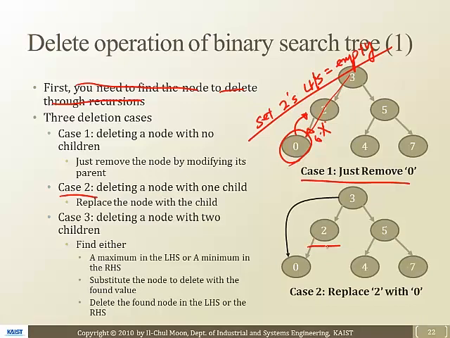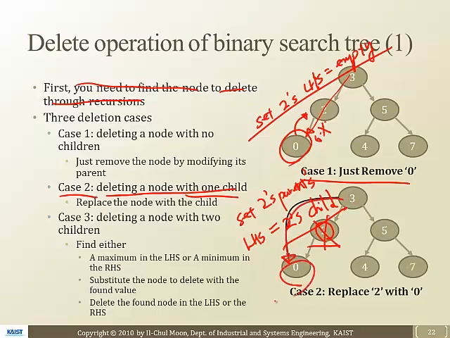We set 2's parent's left-hand side equal to 2's child. 2 has only one child, because it's the one-child case, and 2's child is only 1, so we can just remove it, and 3's left-hand side is now pointing at 1. It's as simple as that.